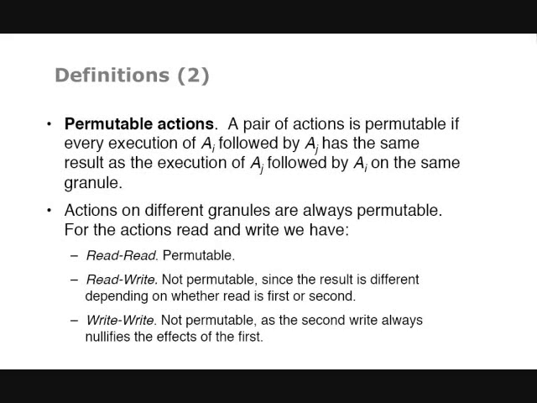If I have actions on different granules, they're always permutable. So if this is going to access this page and this is going to access a different page, that is always going to be permutable. It doesn't matter if I read this first and then that first. It doesn't matter if I write this first and then this later. Actions on different granules are always permutable.